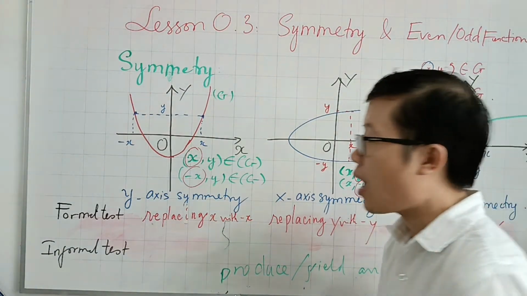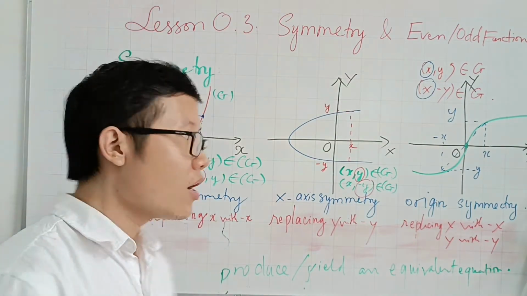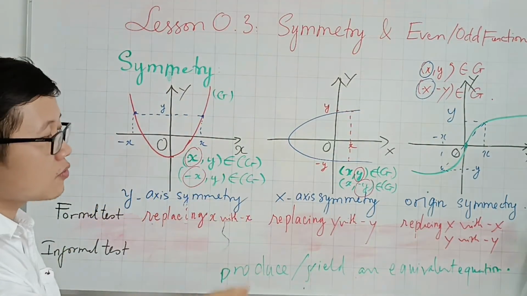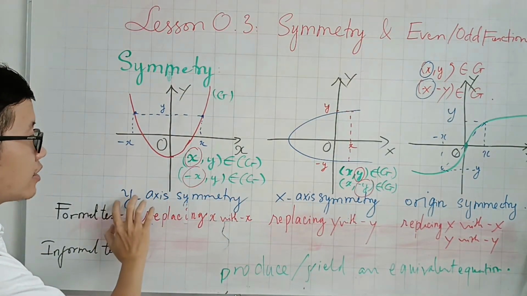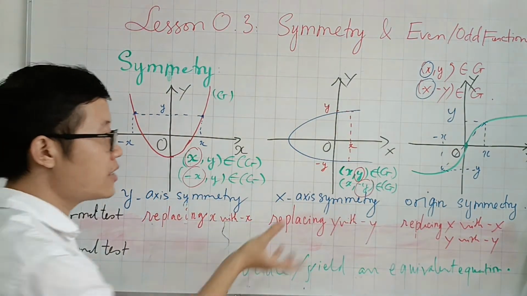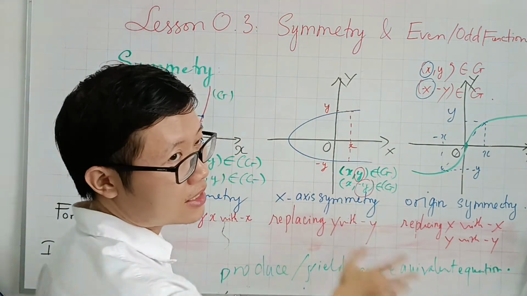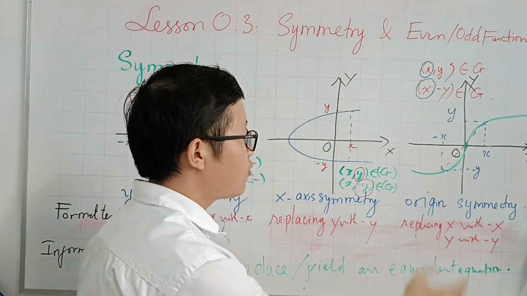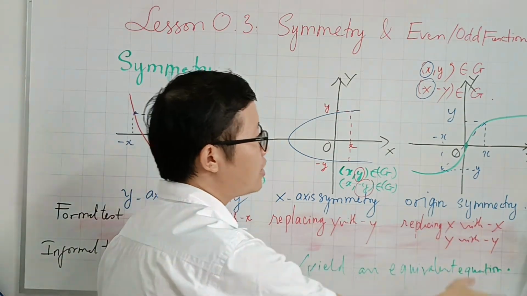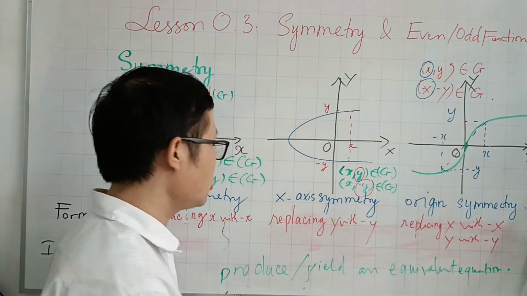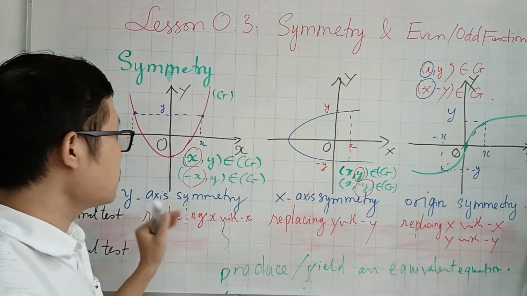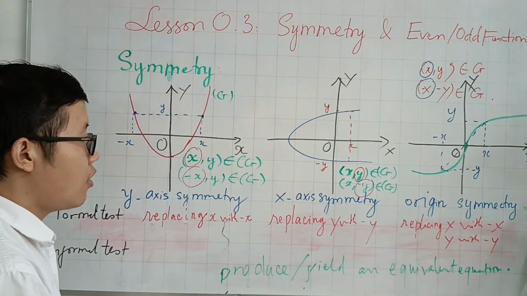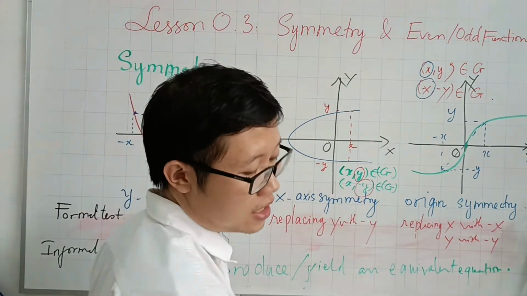And in the formal test, we work with the variables x and y, replacing x with negative x in y-axis symmetry, replacing y with negative y in x-axis symmetry, or replacing x with negative x and y with negative y in the origin symmetry, and our working produces an equivalent equation.